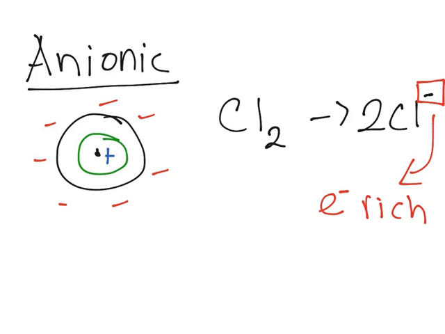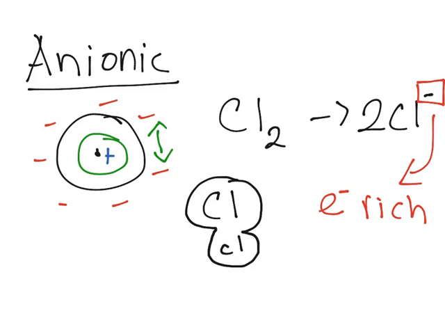So those electrons will want to stay as far apart from each other as they can, and they will just expand the size of the ion. It was Cl2 before, because that's how it goes in nature.